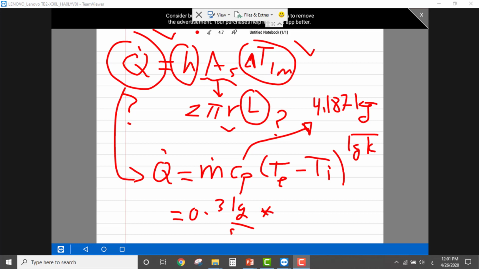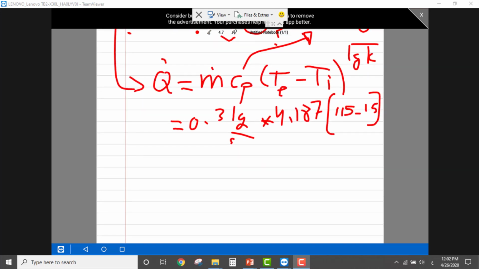So this is multiplied by 4.187. Keep in mind it is kilojoule. Multiplied by T exit, which is 115, minus T inlet, which is 15 Celsius. Celsius with Kelvin, because this is a difference, not a degree, they will cancel together. Okay, let me use my calculator.